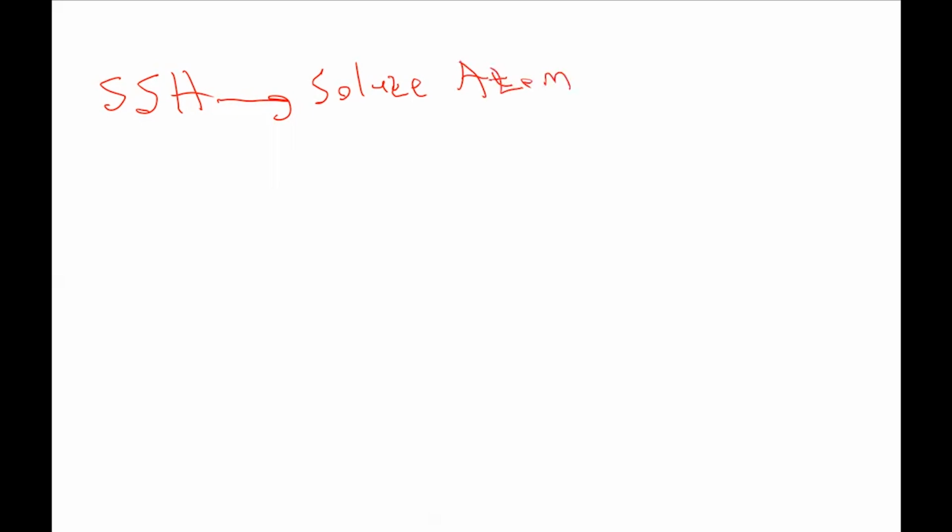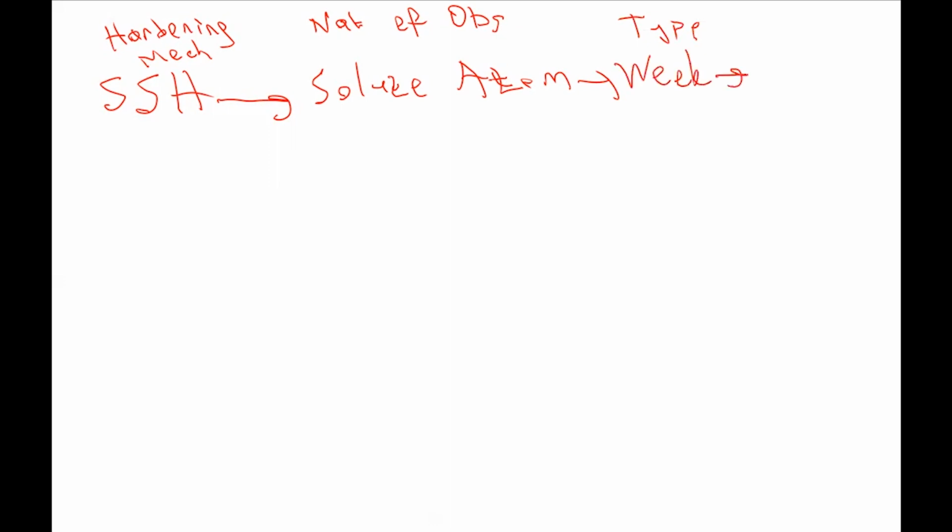So this is the hardening mechanism and nature of obstacles, and type. Solid solution is a weak form. It's not very strong. And delta tau is linearly proportional with square root of C. And this is the hardening law.